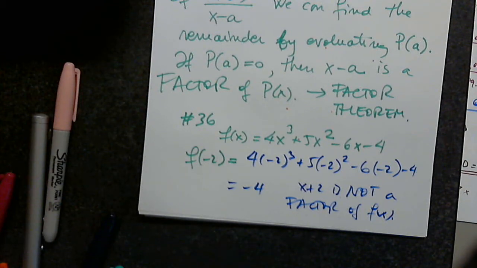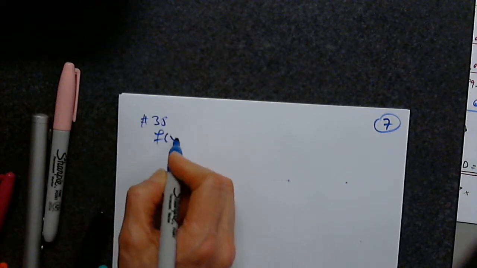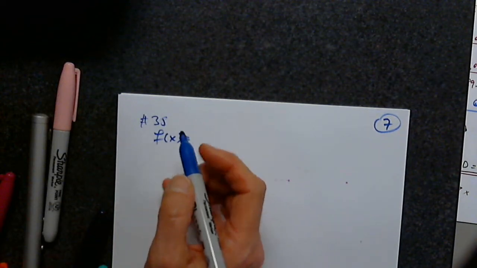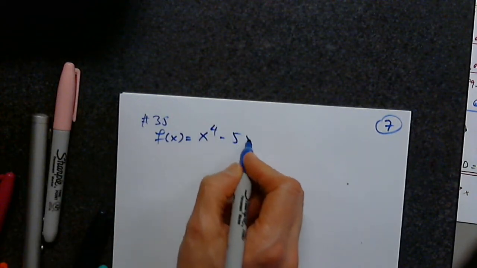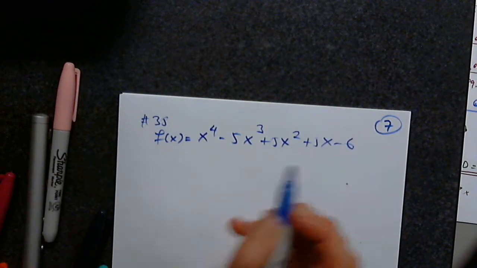So let's look at, yes, 38 you said? Yep. Yes, 38, very good. So in 38 we have f of x, which is x to the 4th minus 5x cubed plus 5x squared plus 5x minus 6.